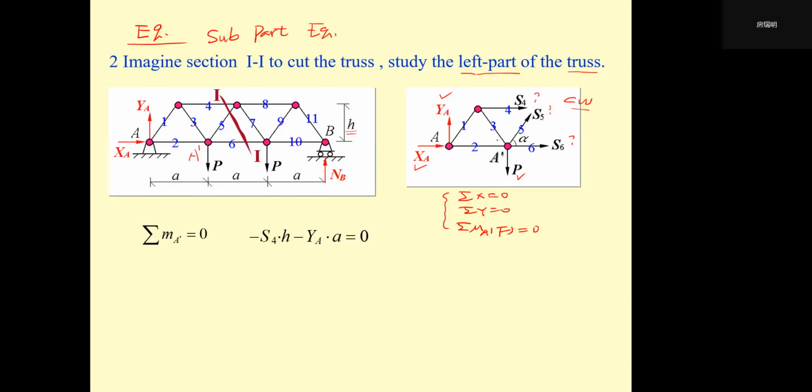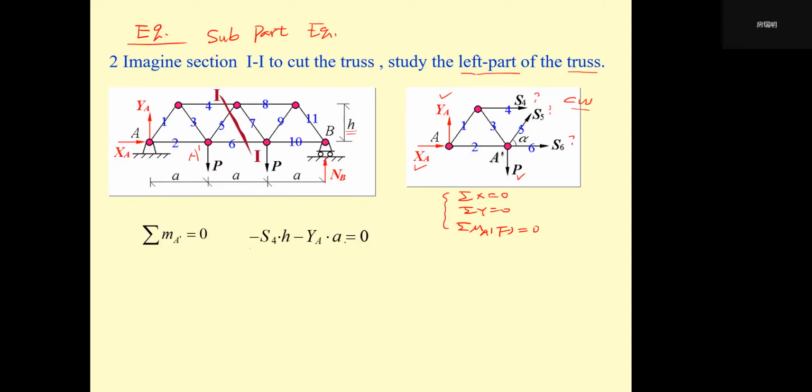So we only need to consider YA. YA will also have a CW moment about point A prime, so we have another minus: YA times a, because the length of this triangle side is a. So we have sigma M at A prime equals 0.